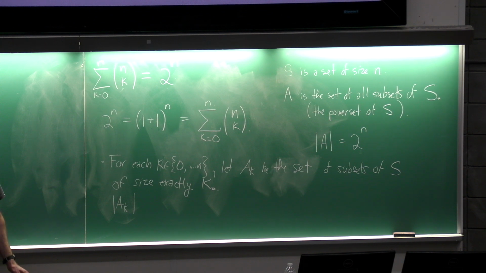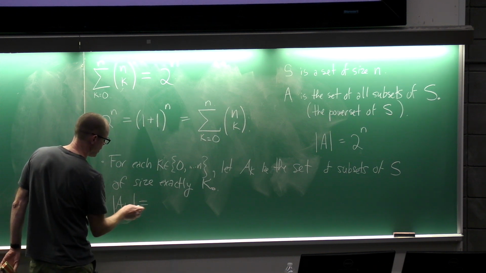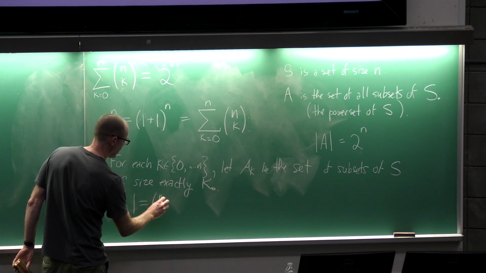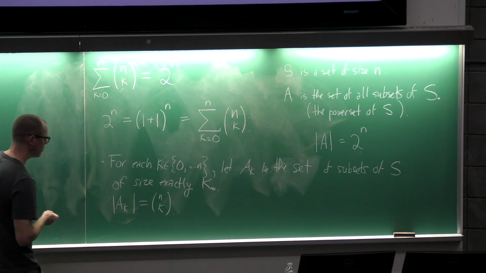So I have n elements, an n-element set. I'm looking for subsets of size k. How many subsets of size k of an n-element set are there? Yep. n choose k. By definition, remember the definition of n choose k is it's the number of k-element subsets from a set of size n. So by definition, the size of this thing is n choose k.